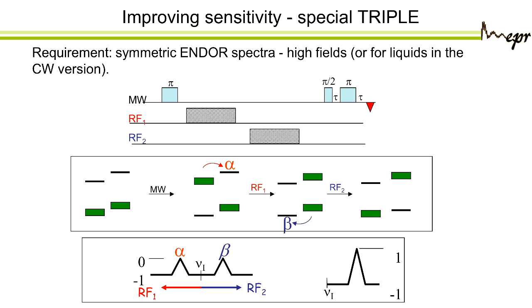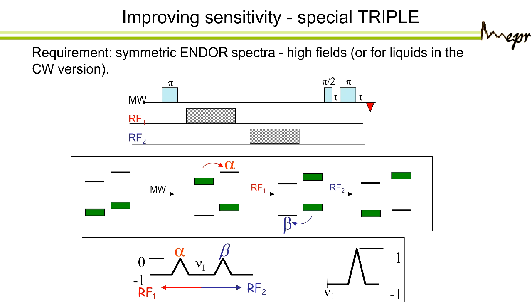It's possible, instead of giving 1 RF pulse, to give 2. This is called special TRIPLE, and it was designed initially for X-band. So we give 1 pi pulse, and then we give another pi pulse, 1 on the alpha frequency and 1 on the beta frequency.